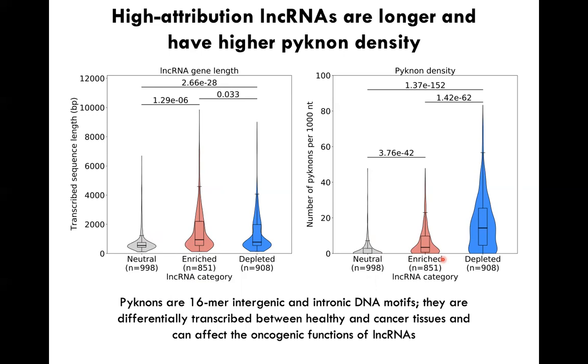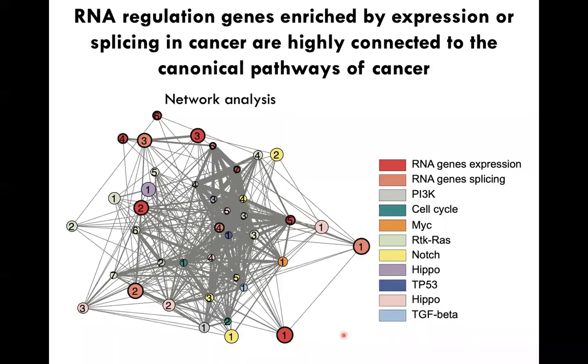So together, these data indicate that at least some of the genes that we identify as being enriched or depleted in cancer, either by expression or splice junction usage, might have essential functions in cancer cells.